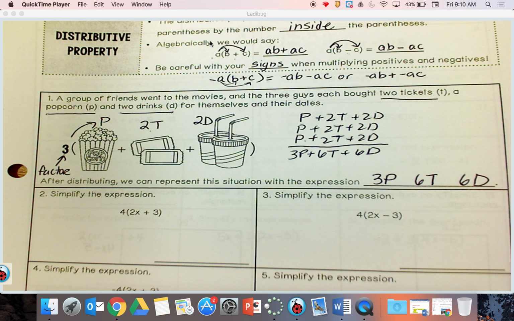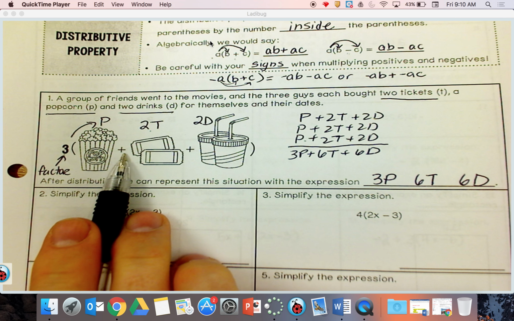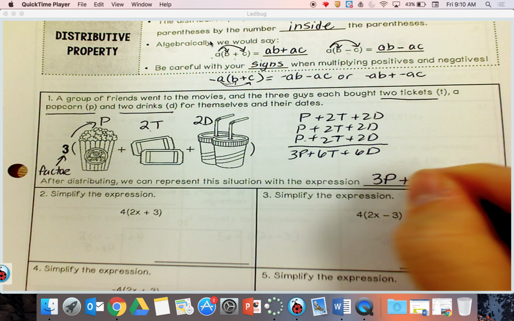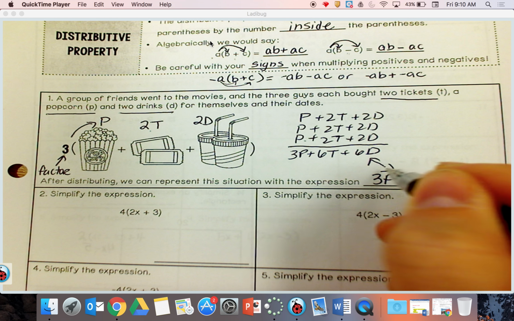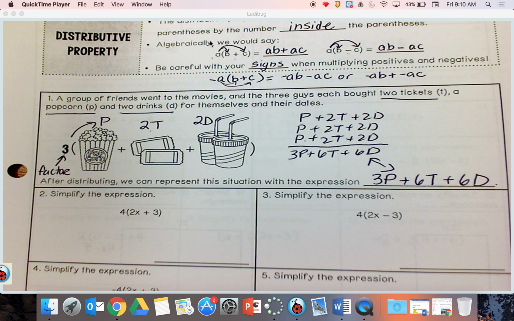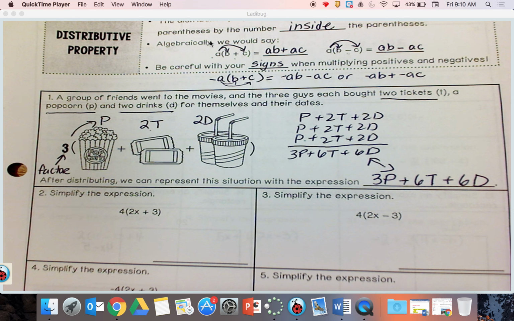What sign should I put in between? I have a positive and a positive, so there's going to be a plus. And you can see that they both give me the same thing. But this way is so much quicker, using the distributive property by representing your expression and then also simplifying your expression if you can.